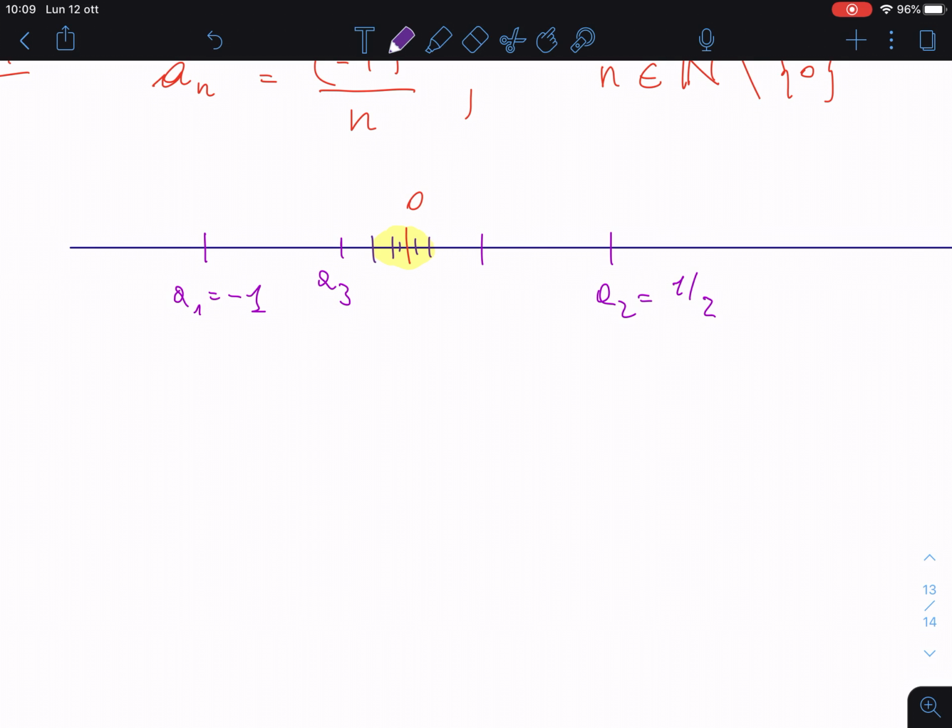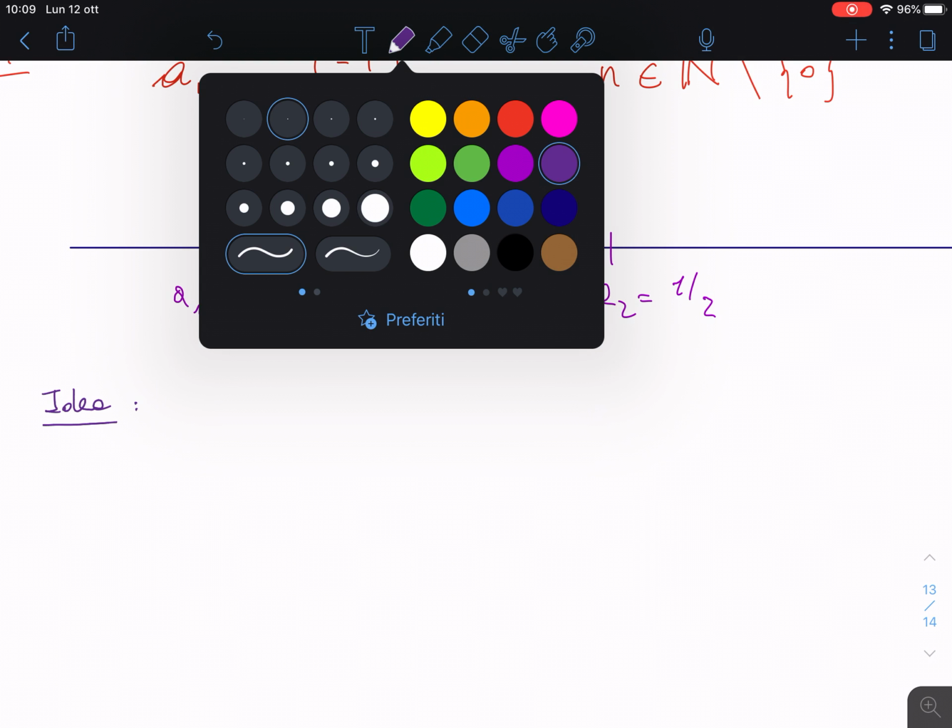And so let us try to write it in mathematical terms. The idea is the following.